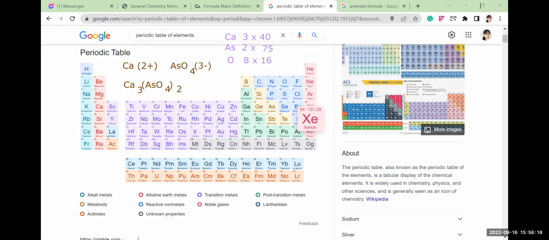So, can you calculate now the formula mass of calcium arsenate? So you have here.